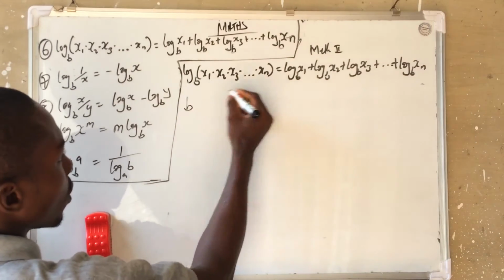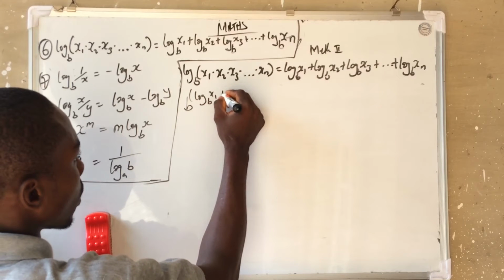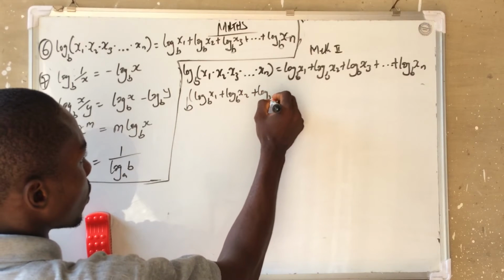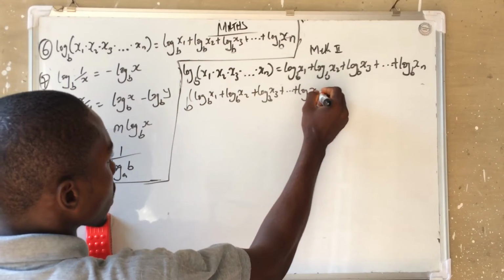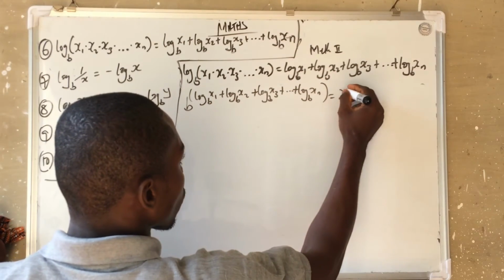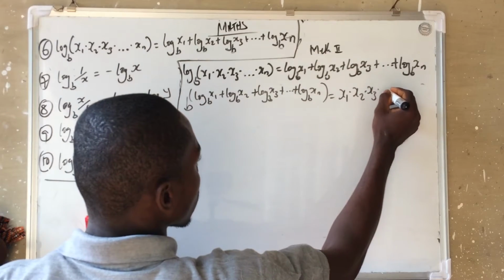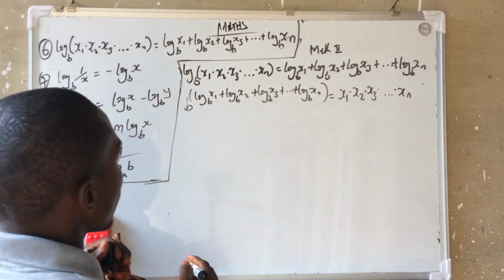So I now have that b raised to the power of log to the base b of x1 plus log to the base b of x2 plus log to the base b of x3 plus ... plus log to the base b of xn is equal to x1 dot x2 dot x3 dot xn. So now what do I have here?